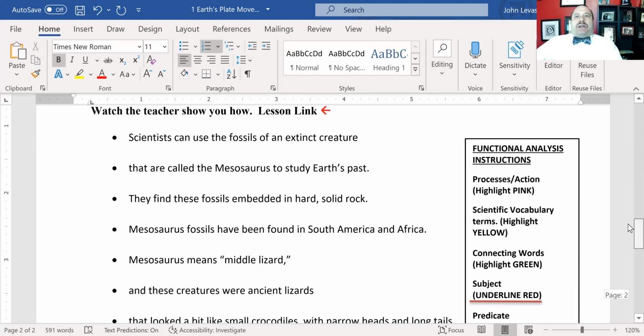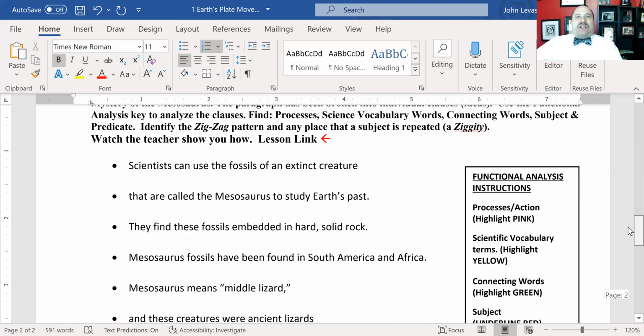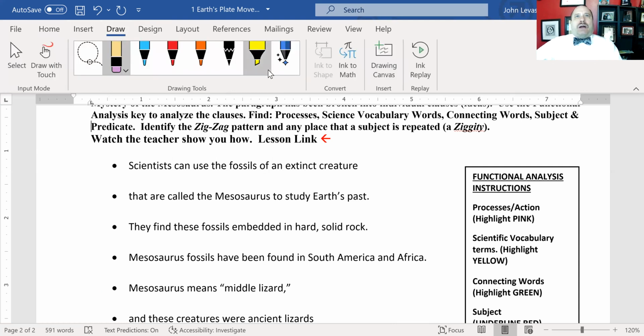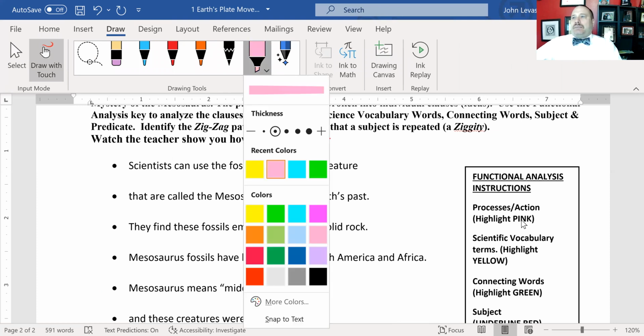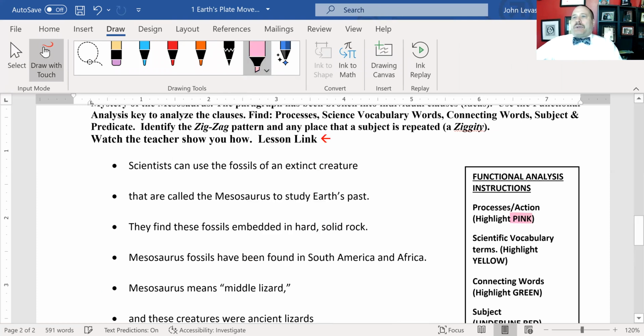Okay, so each of these lines, we're going to look for distinct parts of understanding how science's writing is put together. So I'm going to go to my draw on my Word document, and I'm going to get out my pink highlighter. I'm going to do a few of the sentences or a few of the clauses for the verbs.